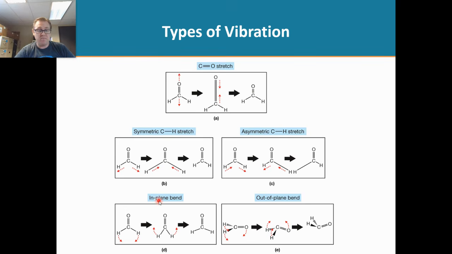We have in plane versus out of plane. Okay. And then you can see here some examples of out of plane bending. So all of these right here are called vibrations. And we have different vibrational modes. So here's a vibrational mode, and so forth. You can count all these up, and they're different vibrational modes. Okay.